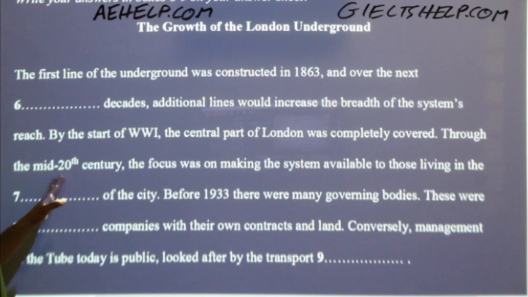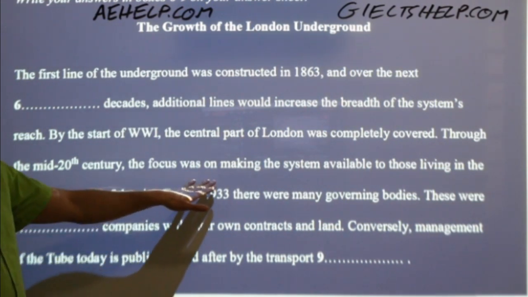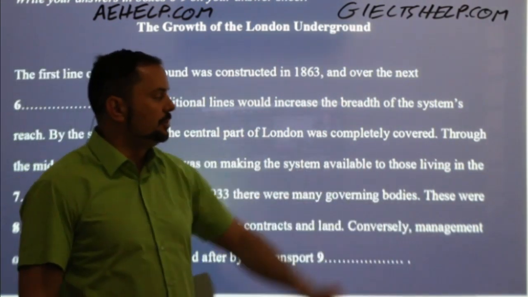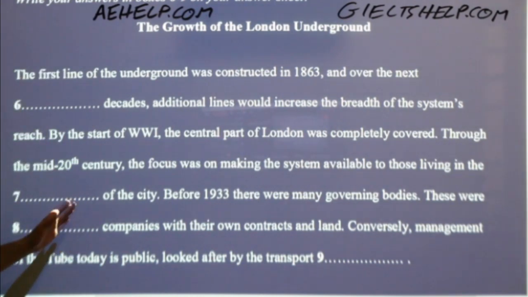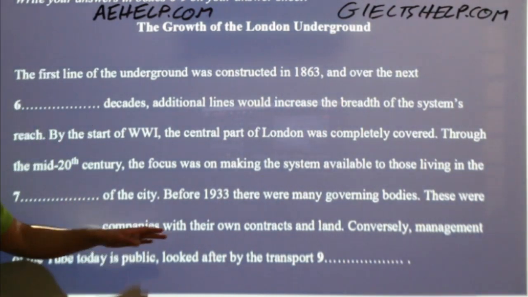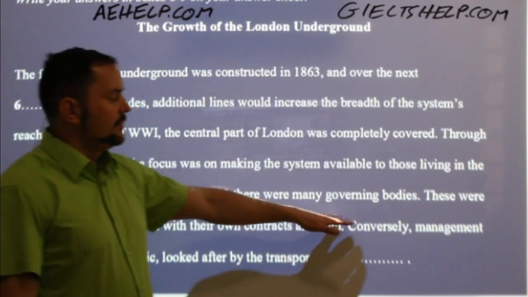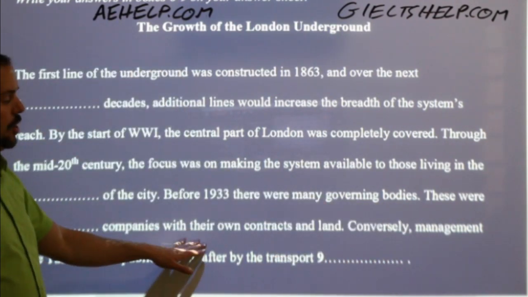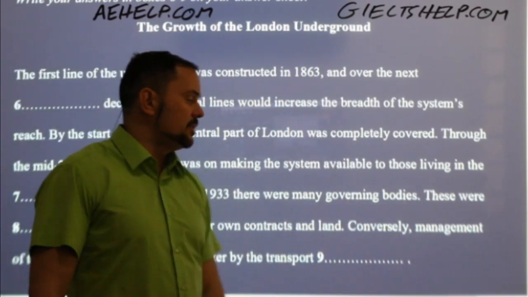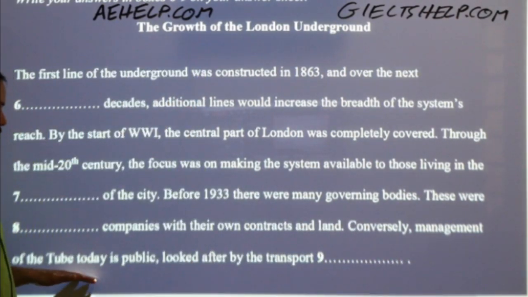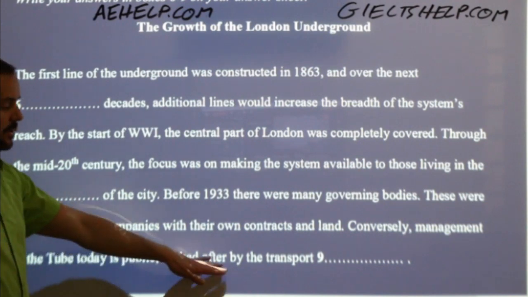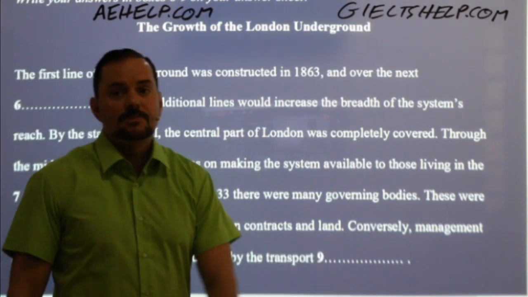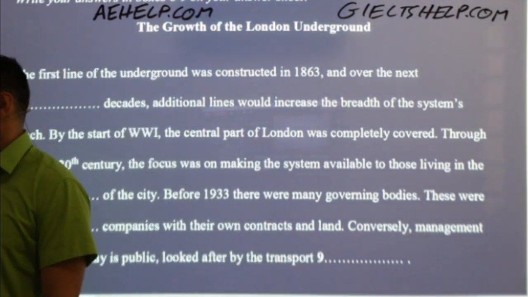Through the mid-20th century, the focus was on making the system available to those living in the something of the city. Before 1933, there were many governing bodies. These were something companies with their own contracts and land. Conversely, management of the tube today is public and looked after by the transport something.